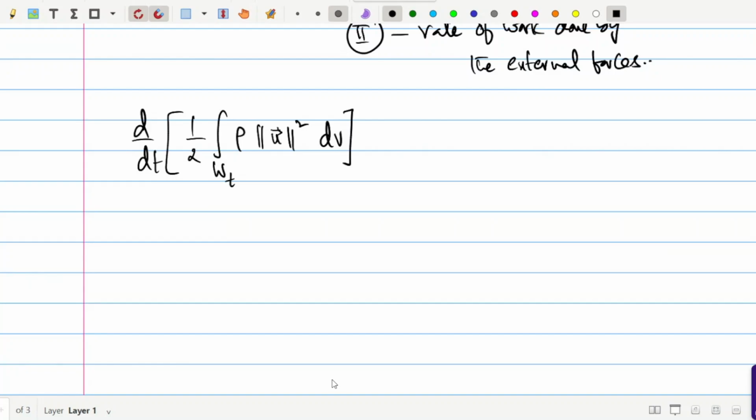The half comes out, and this is only a scalar quantity.